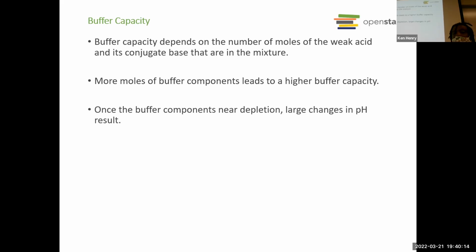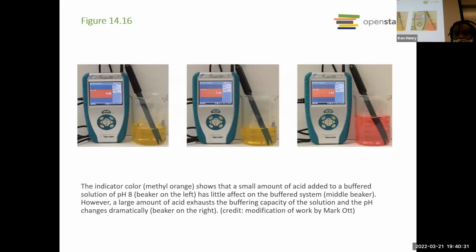Okay, so once the buffer is depleted, you're going to get a huge change in your pH. I shouldn't say spike; it could be a spike or a drop, depending on which way you're going. So this is just showing you that. Again, they're using methyl orange, and it's buffered at a pH of 8.